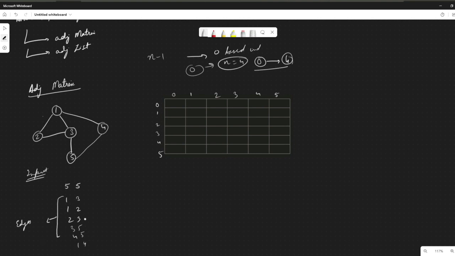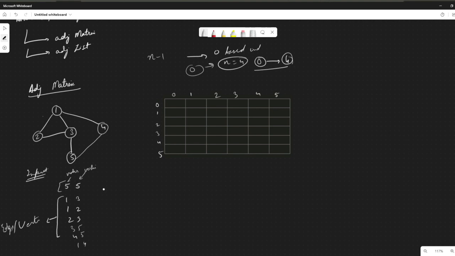Okay, so this is basically our input. First input contains the total number of nodes. Second input contains vertices, and vertices or edges, both are similar. So this is our input.